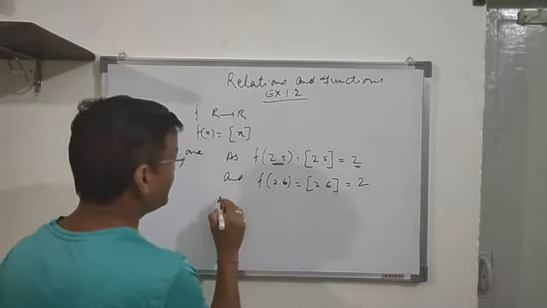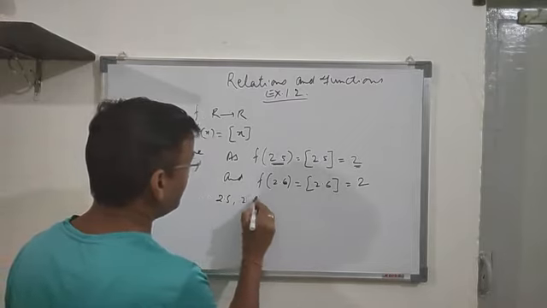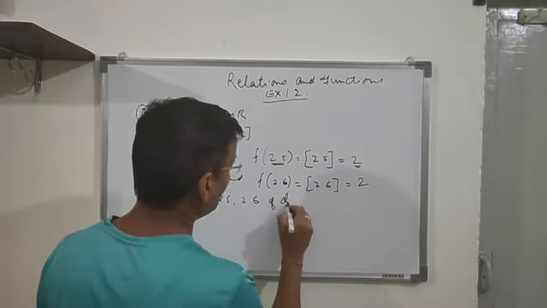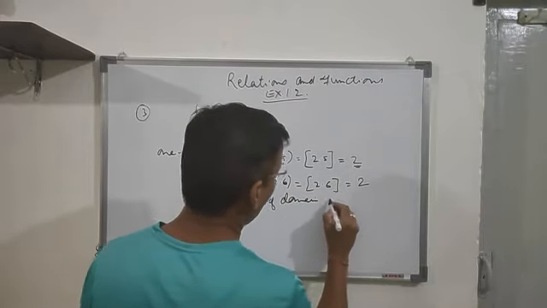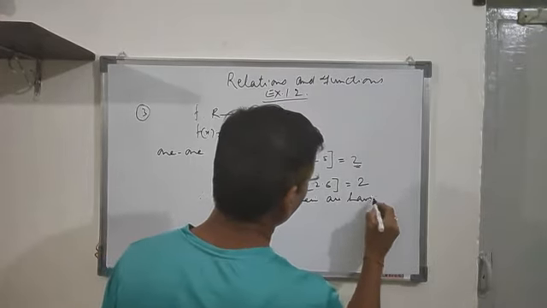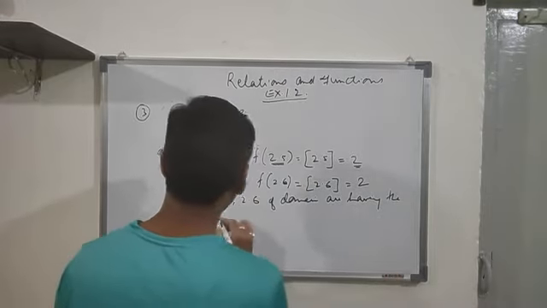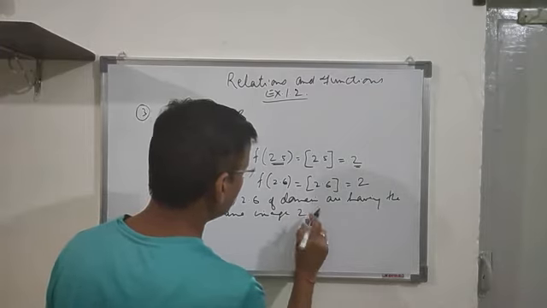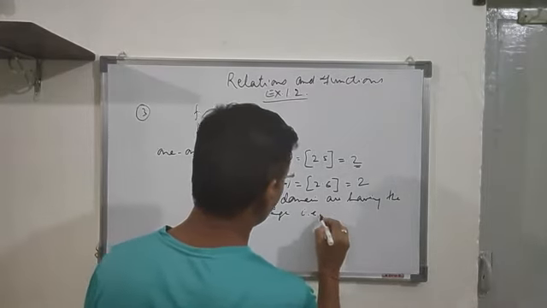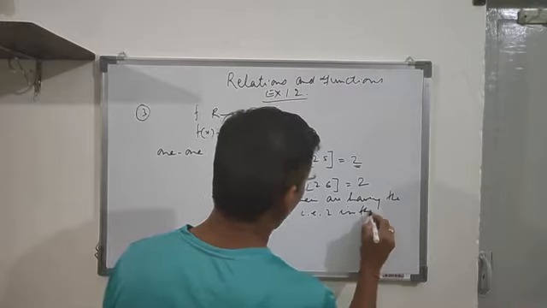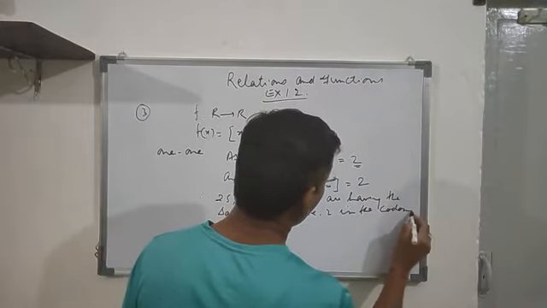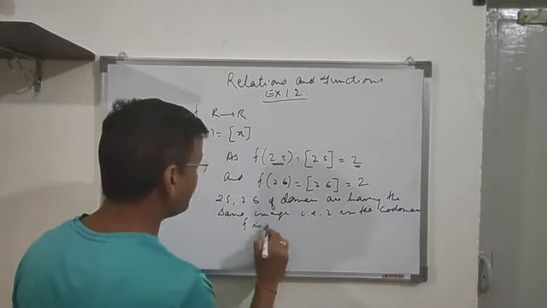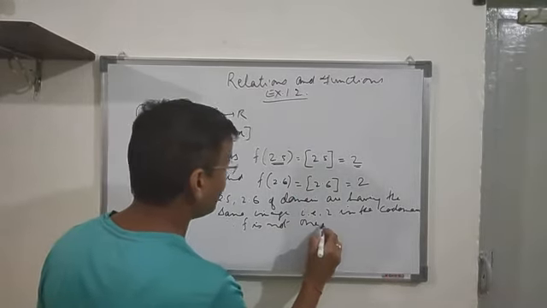Therefore you can see that 2.5 and 2.6 of the domain are having the same image, 2, that is 2 in the codomain. Therefore f is not 1-1.